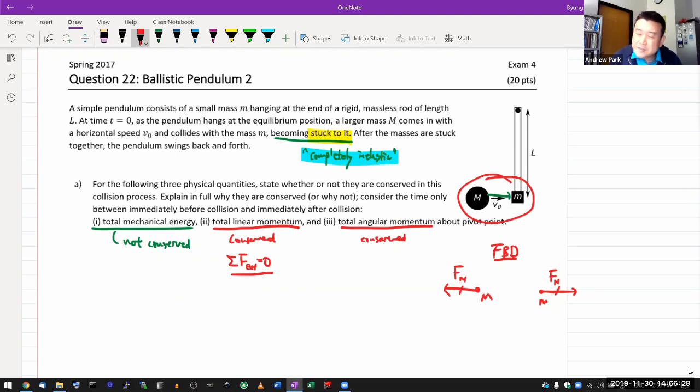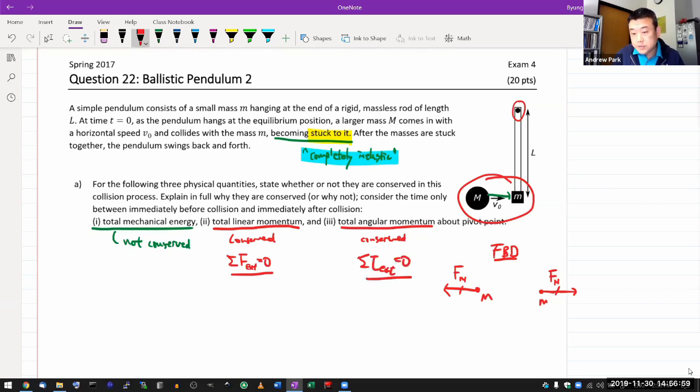Depending on how it's set up, there's a chance for some pivot force to be involved there. I think the way it's set up here, the pivot force should not come into play, and that would be a complication that you wouldn't have to worry about. And the total angular momentum is also conserved because net external torque is equal to 0.